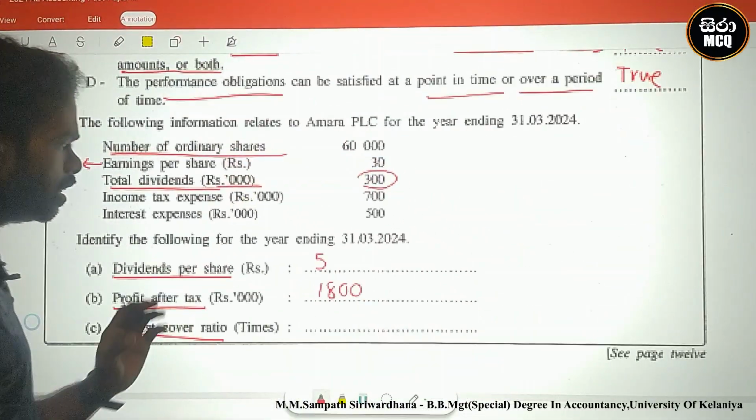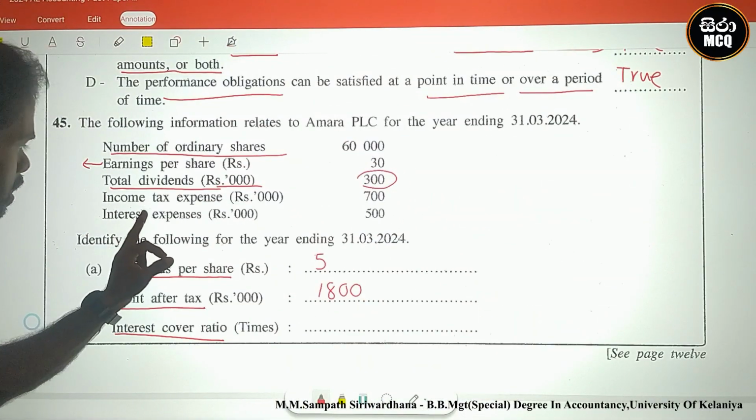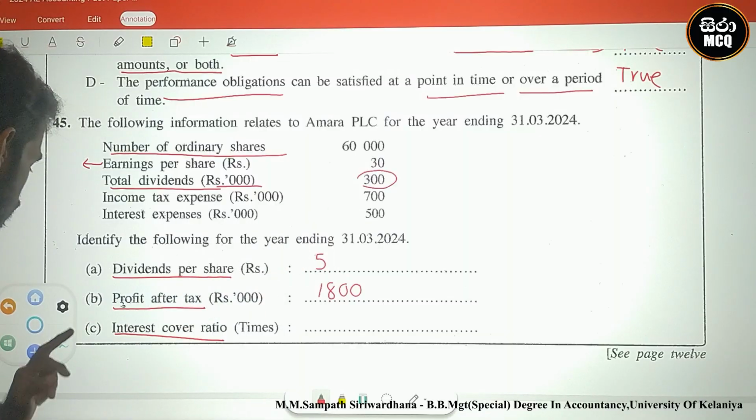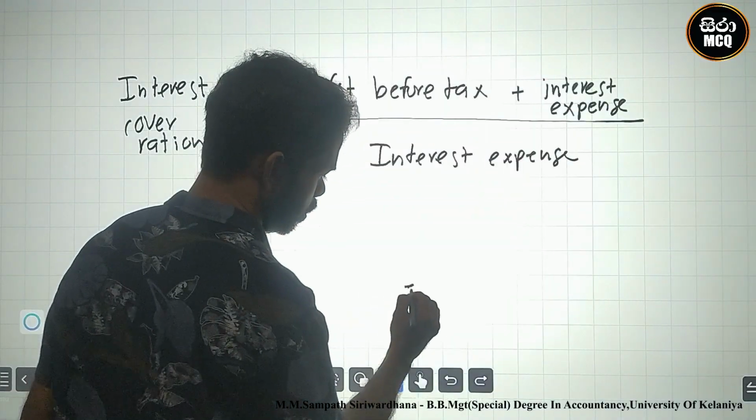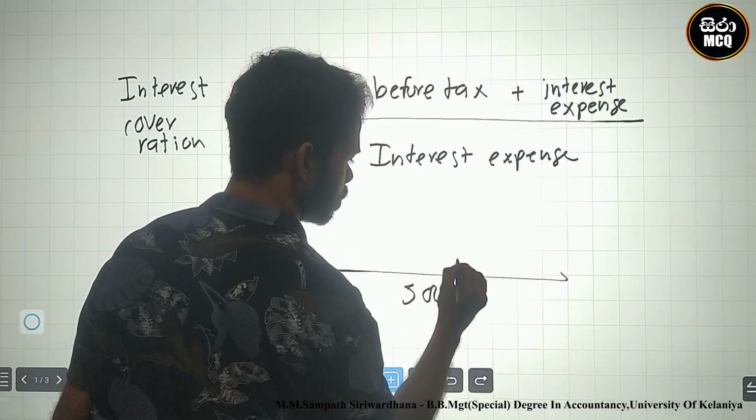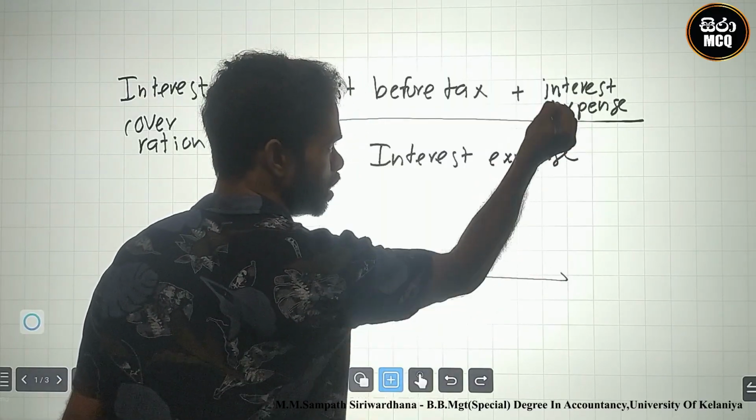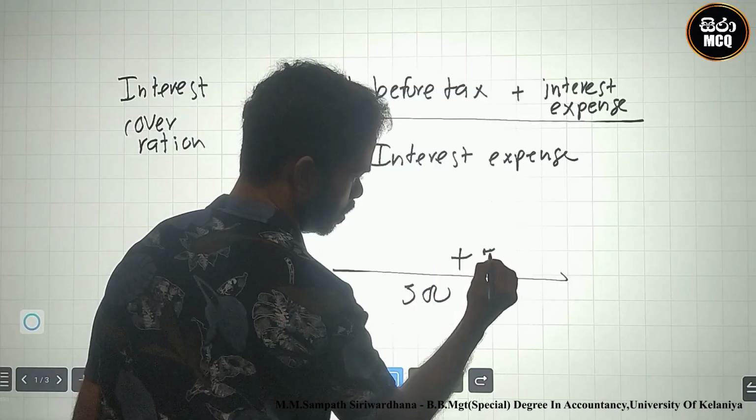Interest expense is directly supplied: interest expense is 500.